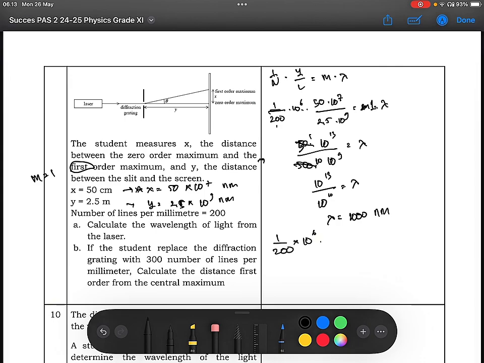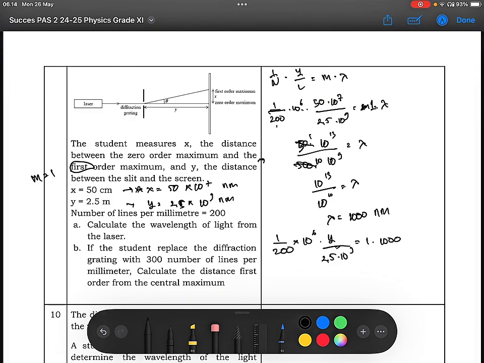I think y and L are the same. m is 1, and lambda is 1000.